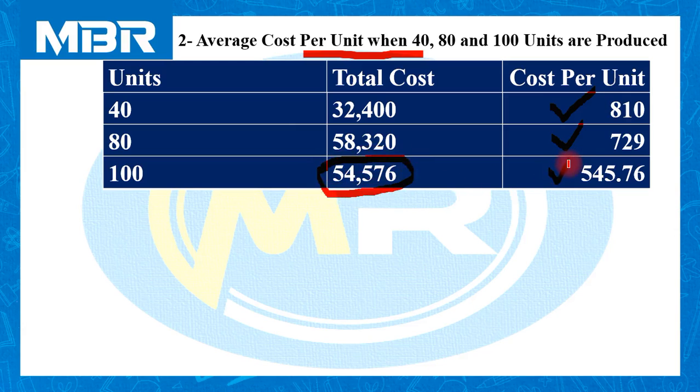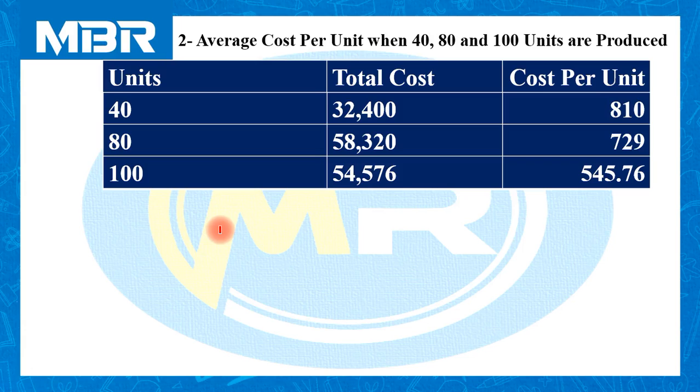So per unit 545.7. As we have completed the cost for 40 units, 80 units and 100 units earlier, it is nothing more than repetition of the presentation. But we have to present it because answer number 2 is all about average cost per unit when 40 units, 80 units and 100 units are produced.